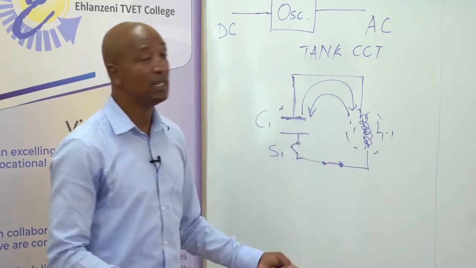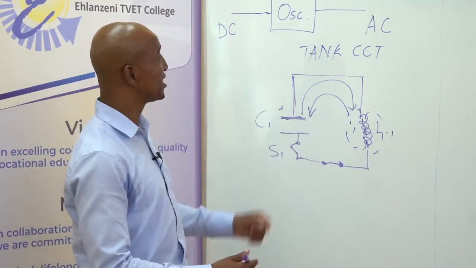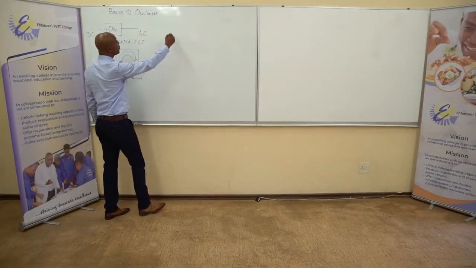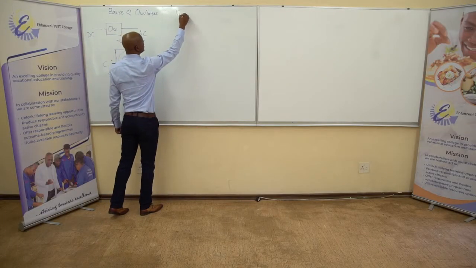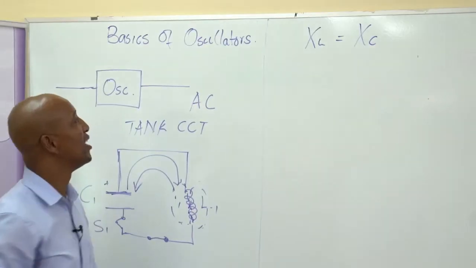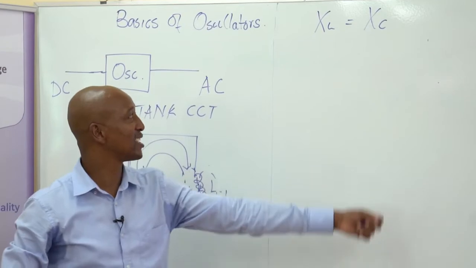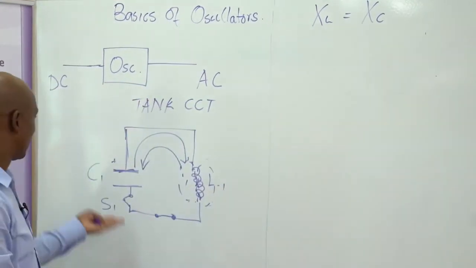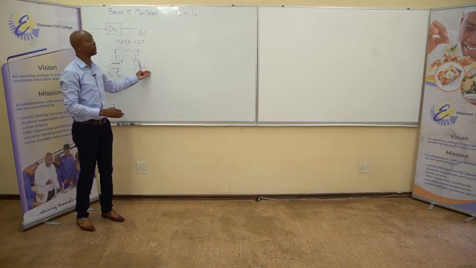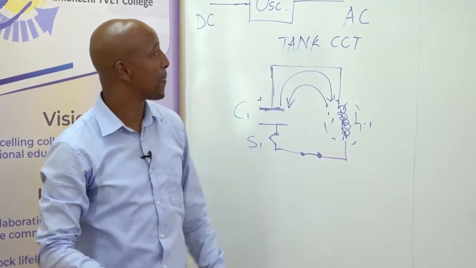where we say we know that for oscillation to happen, some kind of resonance must be achieved. Resonance, from level 3, we know that XL must be equal to XC. That is our inductive reactance, and this is our capacitive reactance. The reactance that will be offered by the capacitor and the reactance that will be offered by the inductance.